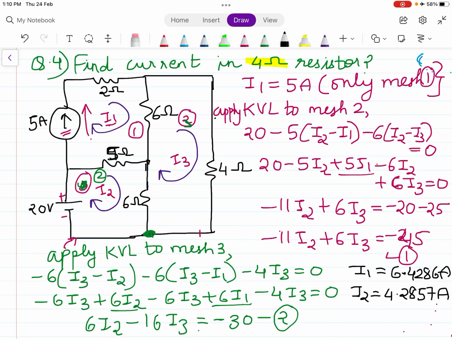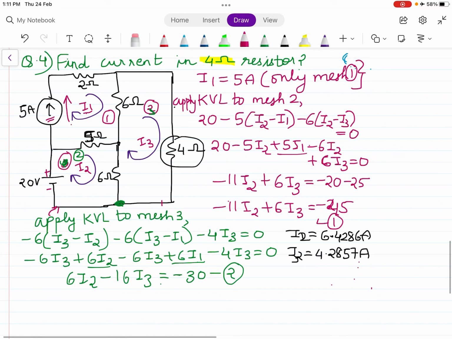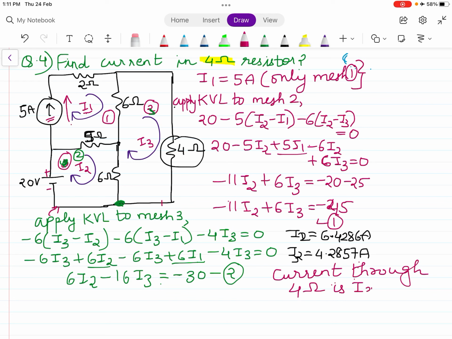So they have asked current through 4 ohms. Sorry, this is I2, this is I3. Current through 4 ohms is I3. So answer will be current through 4 ohms is I3, which is equal to 4.2857 amperes.